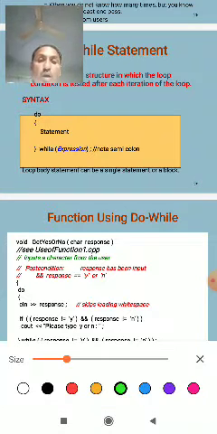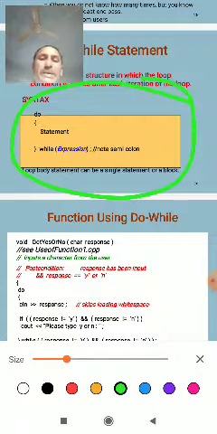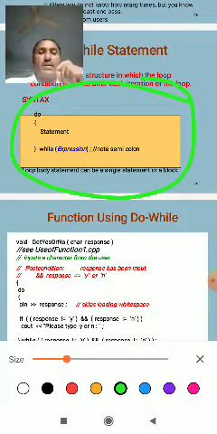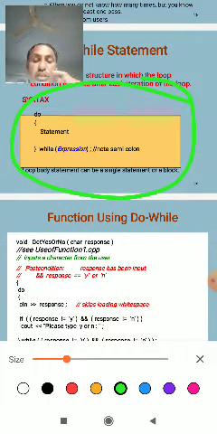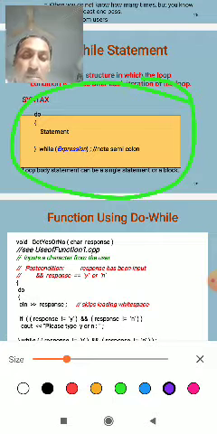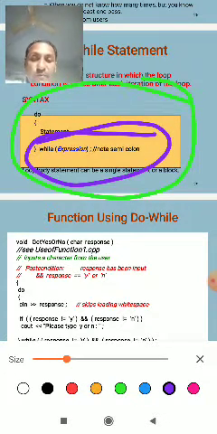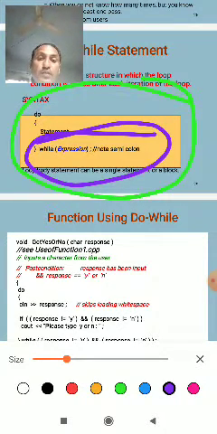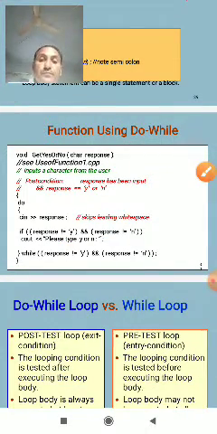Then this is the body of the program. The loop body statement can be a single statement or a block of statements. This is the single statement taken, it can be a block. So this is the use of the while loop.